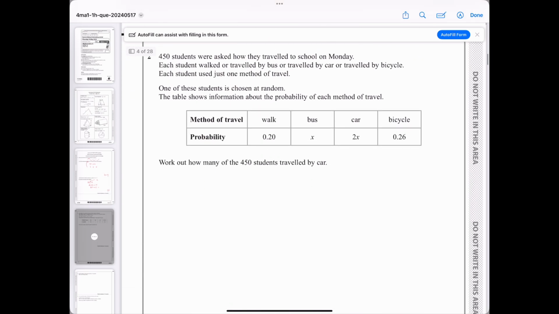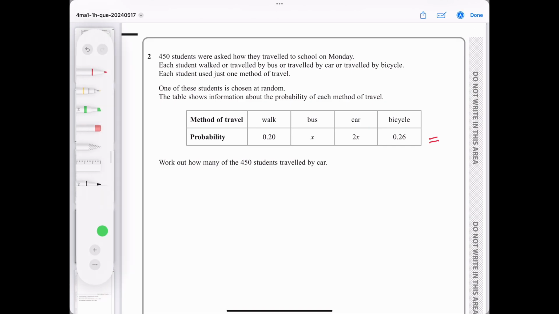Right, 450 students were asked how they travelled to school on Monday. Each student walked or travelled by bus or car or bicycle. So essentially this has to add up to 1. So 0.2 plus x plus 2x plus 0.2x equals 1.